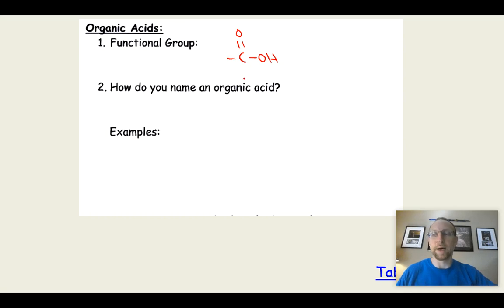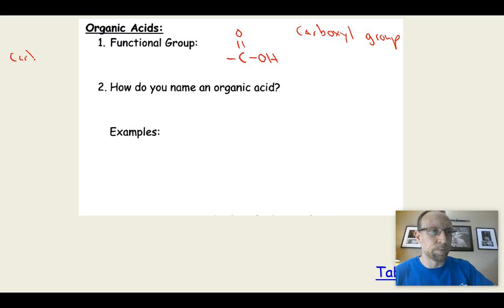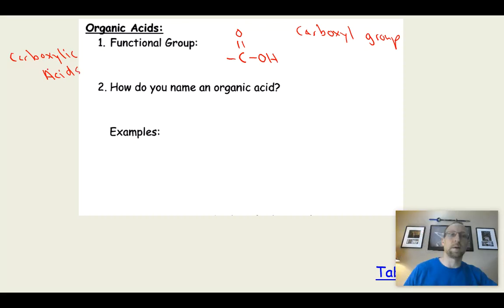So we call this a carboxyl group. So sometimes they call these carboxylic acids. It's another name for them. Instead of organic acids, sometimes they also call them carboxylic acids because they have that carboxyl group there.